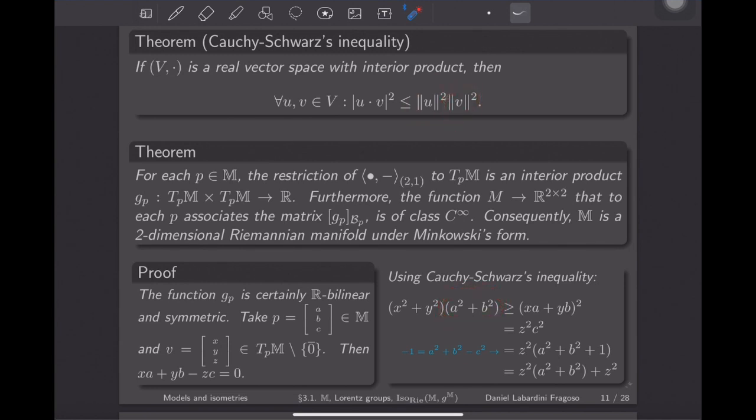And then according to the Cauchy-Schwarz inequality, this is greater or equal than the square of the dot product, x times a plus y times b. So here I'm using Cauchy-Schwarz for the usual inner product in R2.